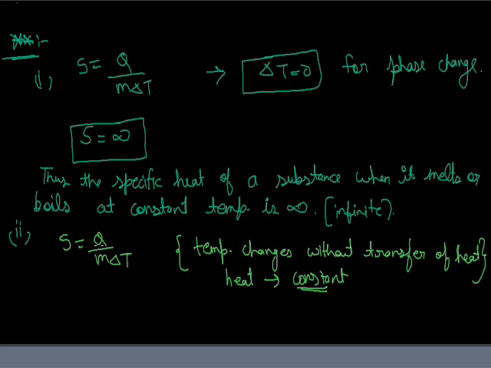Heat is not supplied to the body, so Q is equal to 0. And if Q is equal to 0, then the specific heat of the body is equal to 0. That means the specific heat of a body is 0 when heat is constant and temperature is changed.